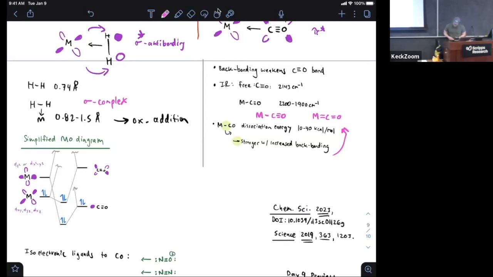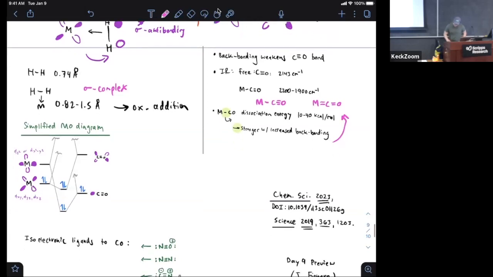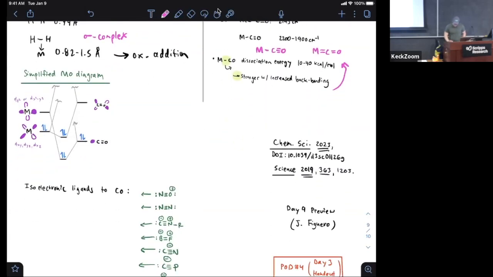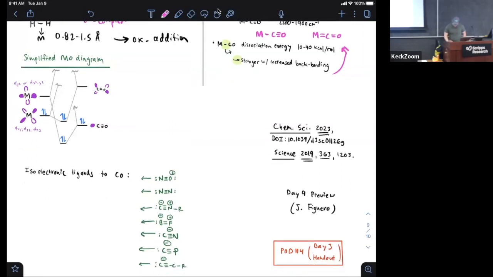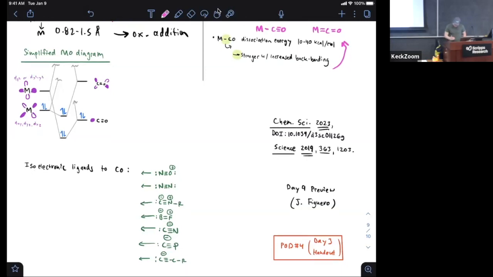So we can also take a peek at a simplified MO diagram here, between CO and a metal carbonyl complex. The first feature that should pop out to you is that the filled ligand orbitals are of lower energy than those on the metal.